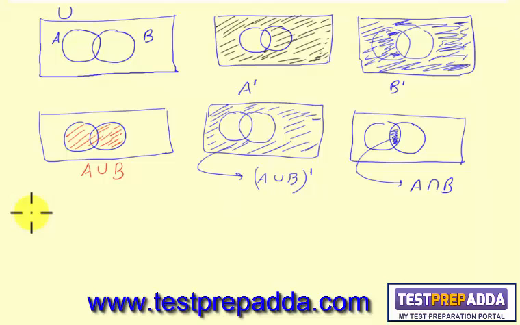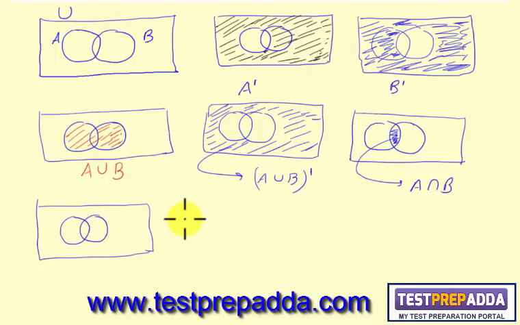Now if I try to find the complement of this A intersection B, what will be that? The complement of A intersection B will be this shaded portion.